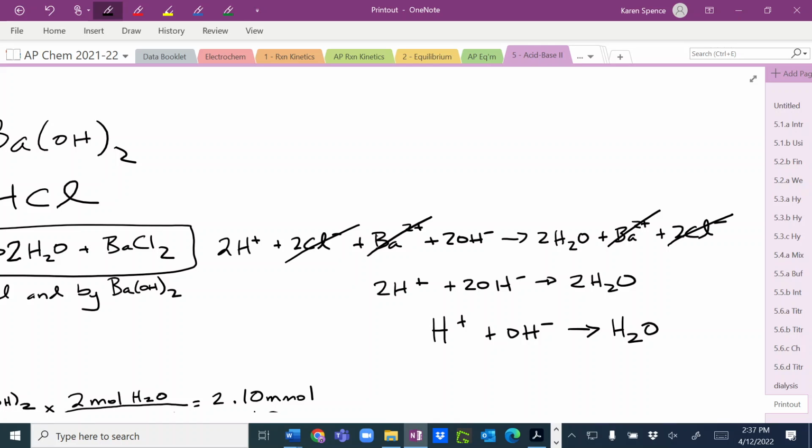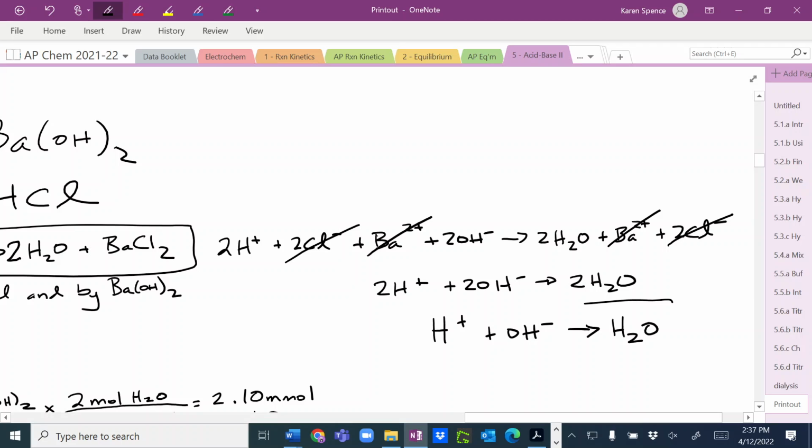I don't care what the stoichiometry is between your original components. If you break it down into hydrogen and hydroxide, you have a one-to-one reaction, and then you don't have to diddle around with all that. Who's the limiting reactant? Whichever one has the smaller number of moles is the limiting reactant, and your math becomes so much easier. Does that make sense?